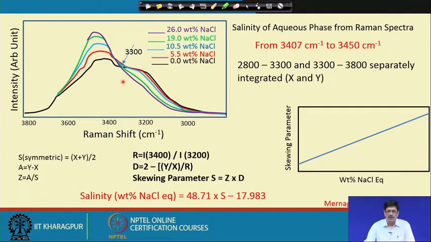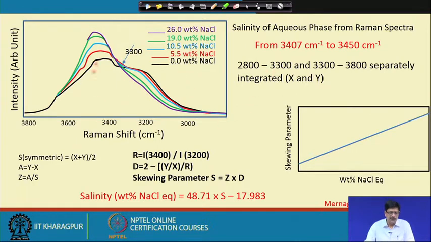So the question is, even though we definitely have a prior idea about the salinity in terms of weight percent equivalent from the freezing study, we know that it is giving a cumulative effect, and if we want to corroborate it or have a better idea, we can use this.